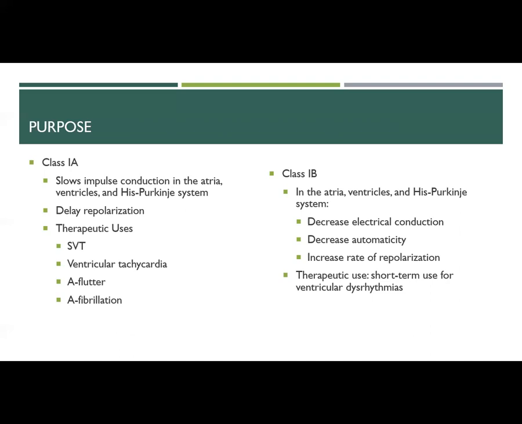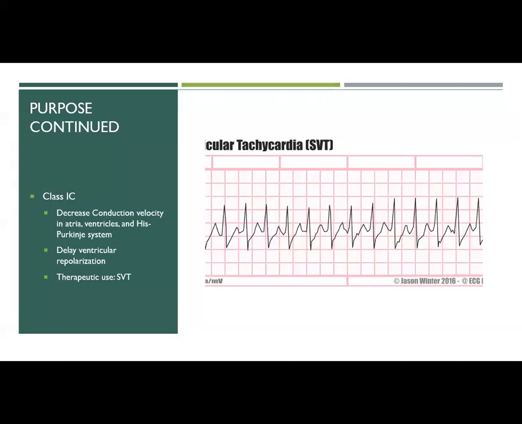Class 1B causes decreased electrical conduction, decreased automaticity, increased rate of repolarization, and is used for short-term treatment of ventricular dysrhythmias. As you can see, there's a common theme: most of these medications are used for ventricular issues. Class C decreases conduction velocity in the atria, ventricles and His system, delays ventricular repolarization, and is used for SVTs.